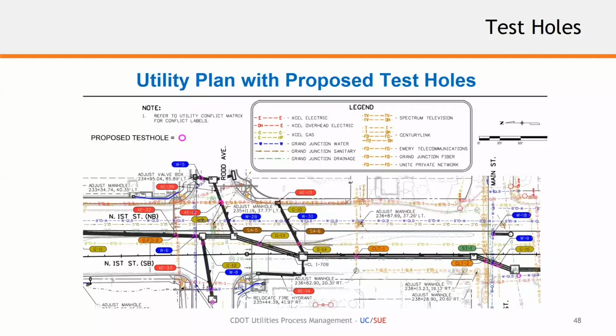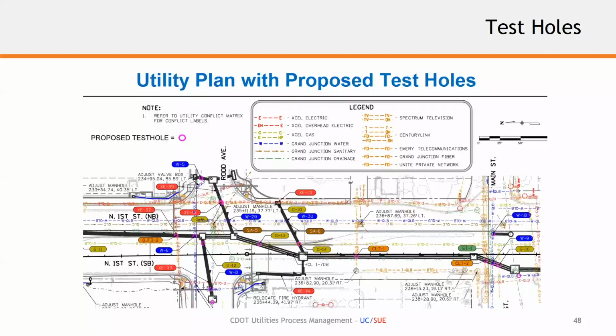The call-outs are just a tool to cross-reference the conflict matrix. Again, we'll show the conflict matrix here and how that data is expanded from the graphic side of this package to the actual tabular information included in the conflict matrix.